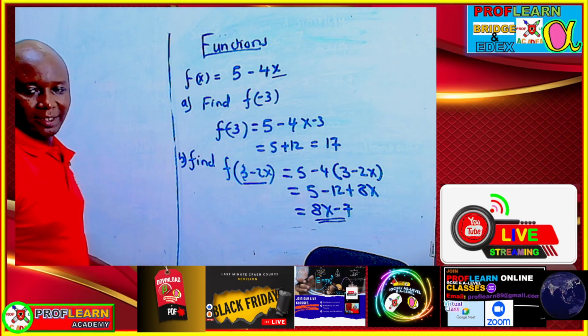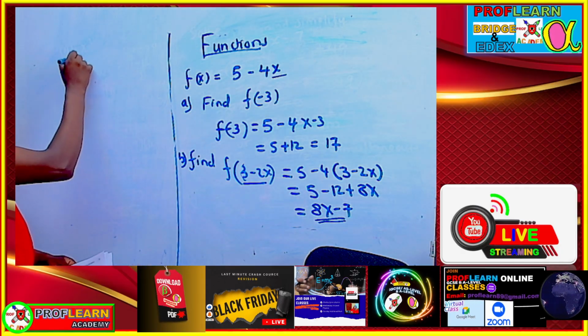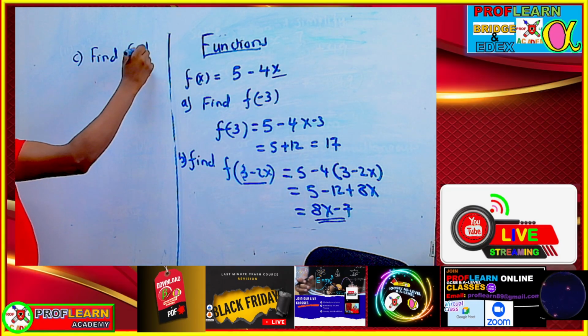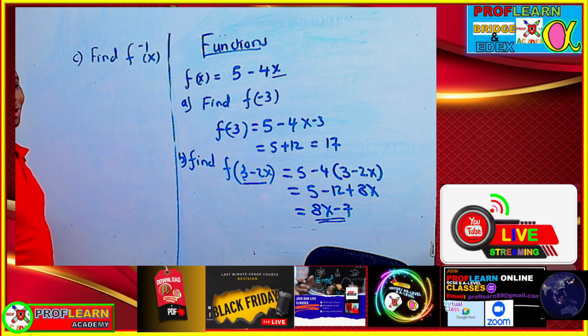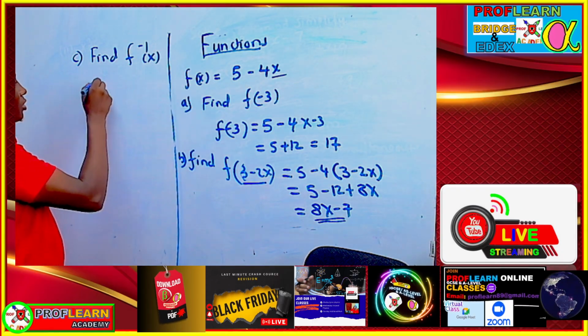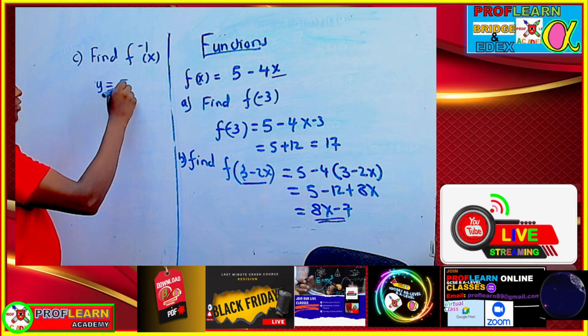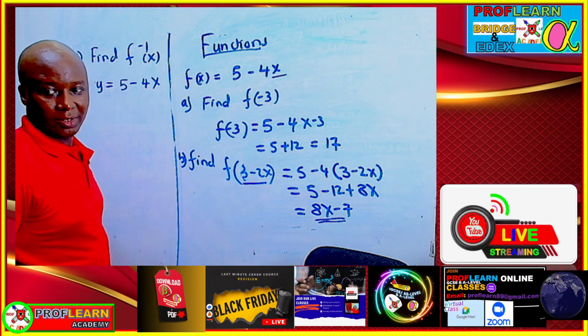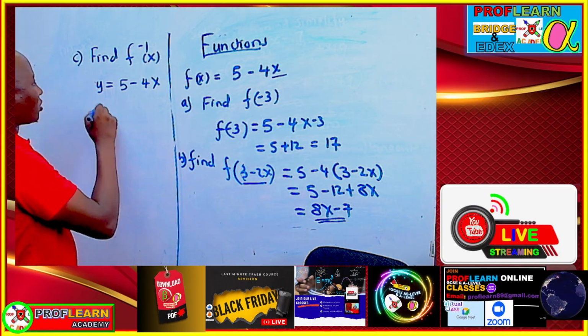Then part C, candidates were asked to find f inverse of x. How do you do that? You start by relating that f of x is y equal to 5 minus 4x, and then once you have that, you are going to switch x and y.